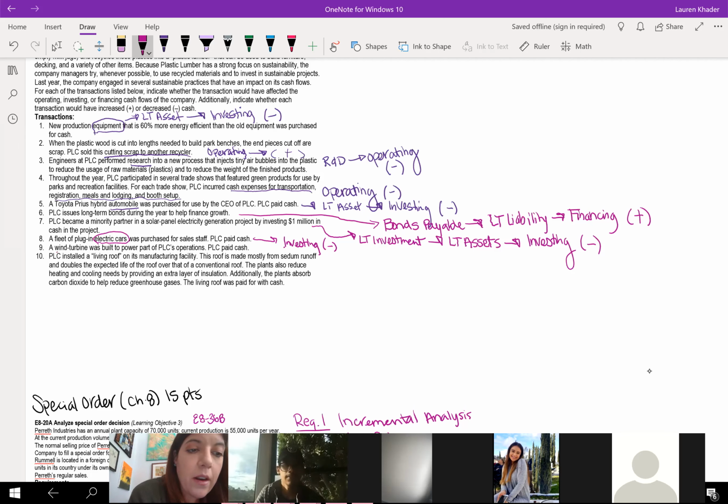A wind turbine would be classified also as a long-term asset. I'm just assuming that most of you are not familiar with that industry. Investing activity. And it is an outflow of cash.